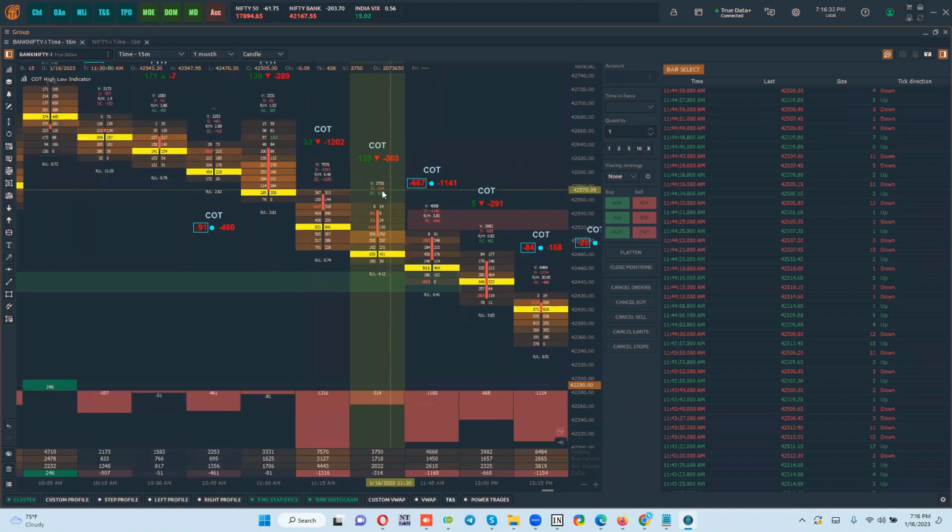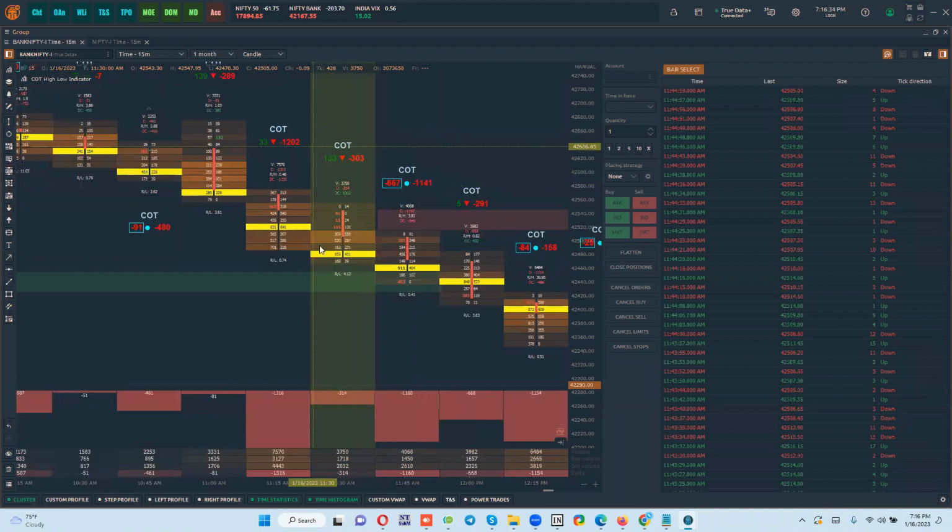Now if you look at a bearish bar scenario, we see a negative delta, or negative COT high value. On the right side is the high value of 303 lots, which means that after the market made a high, till the close, the market had a lot of sellers in this particular 15-minute bar.